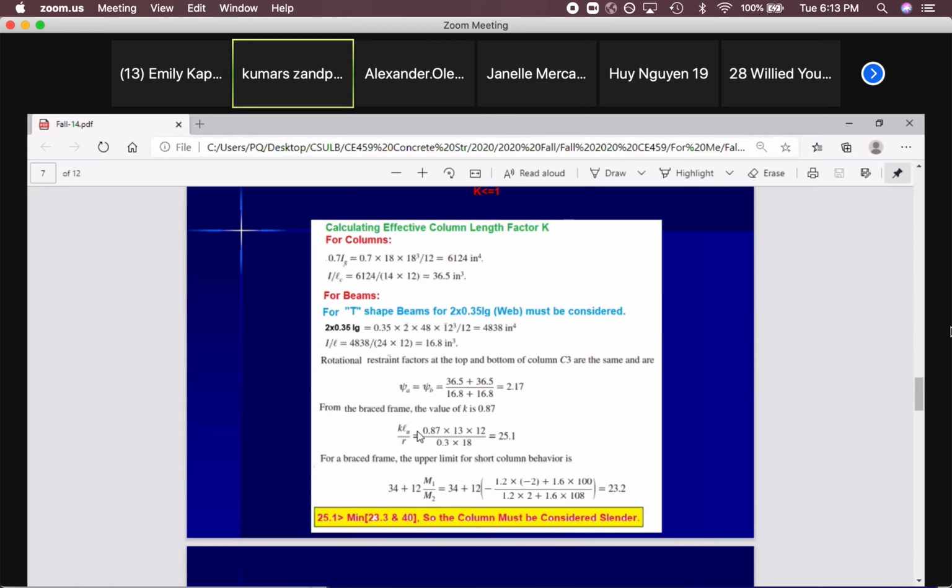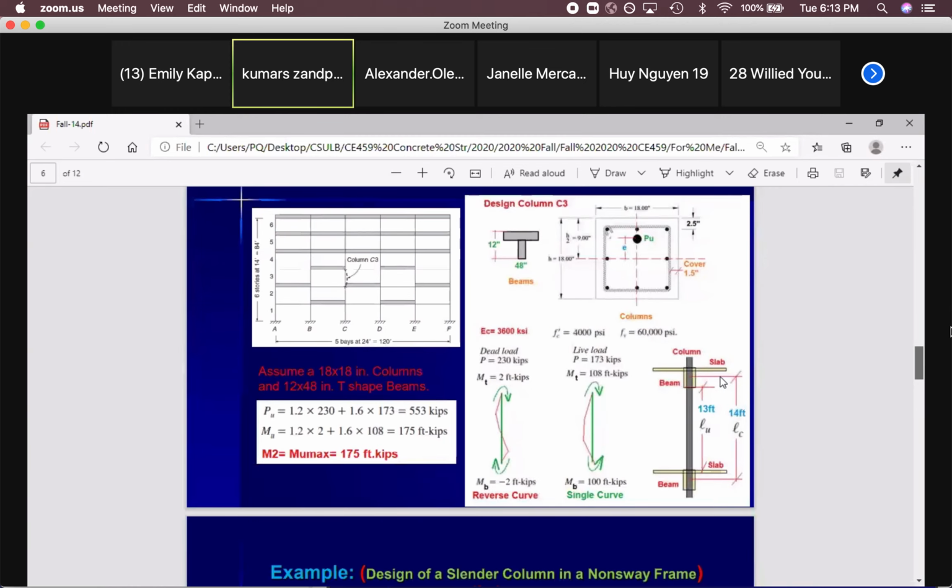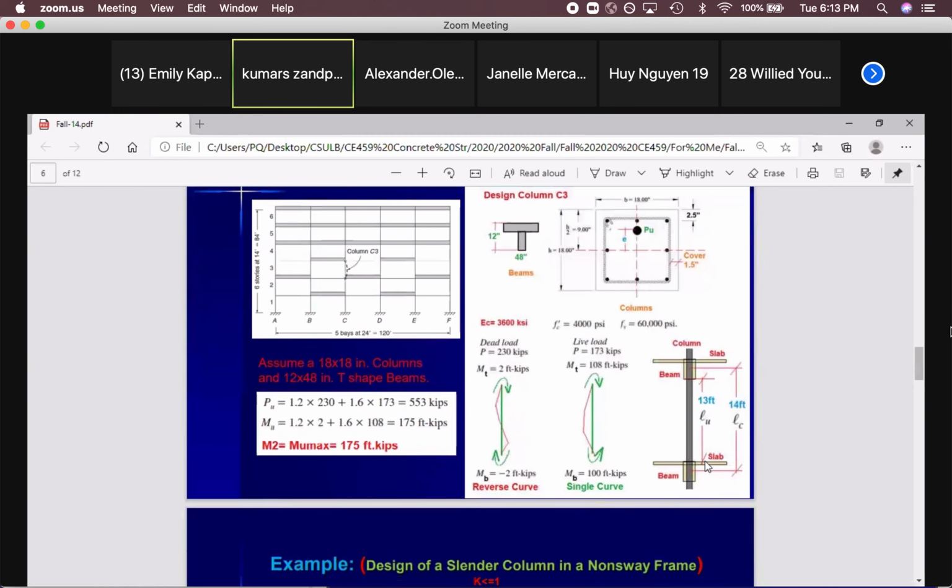Okay. Calculate this one. What's the LU? From the bottom of the beam to the top of the slab. Look at this. We used LC already, and right now LU.